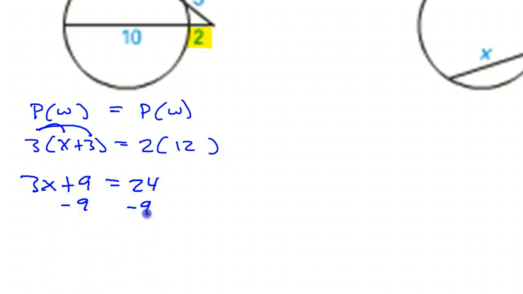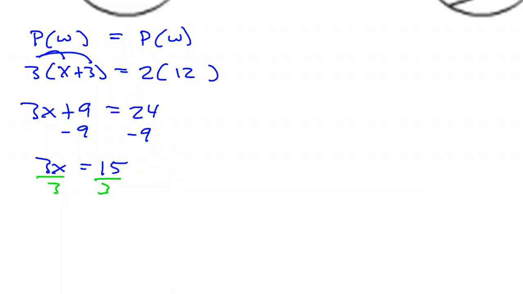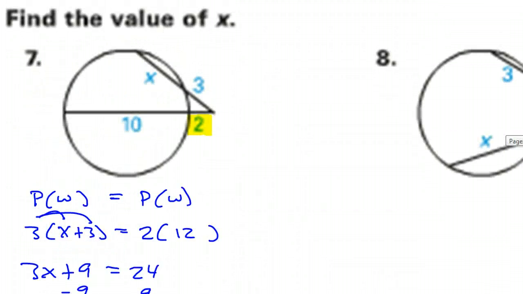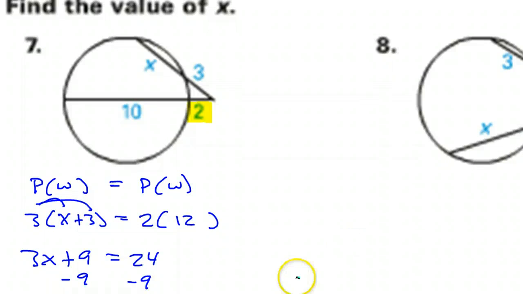Subtracting 9 from both sides, you get 3x equals 15 divided by 3. So guess what? That is x equals 5. So that's the answer to number 7.